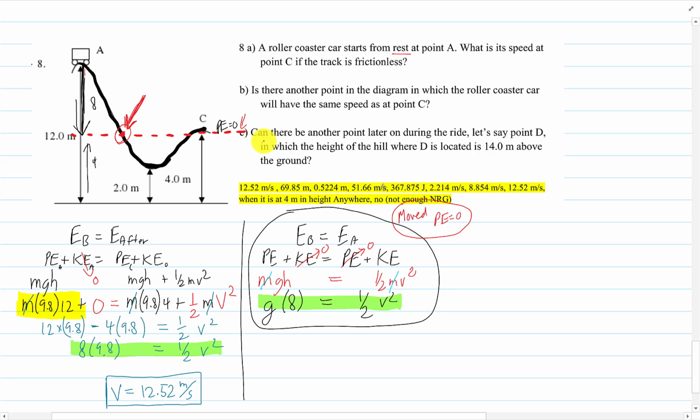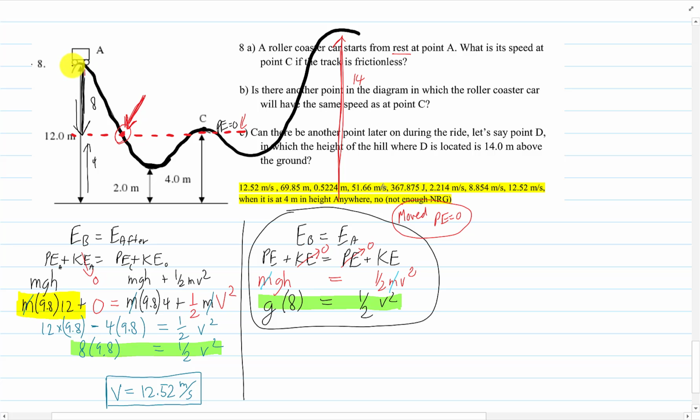Part C. Can there be another point during the ride, let's say point D, in which the height of the hill where D is located is 14 meters above the ground? So can this go down and then go up to 14 meters? And the answer is no. Why?